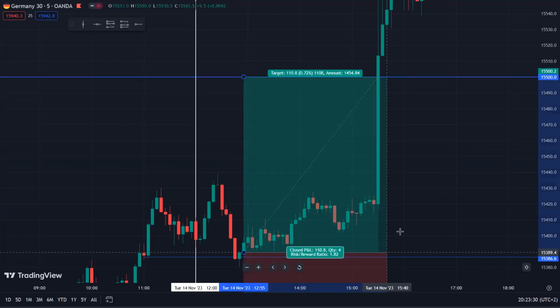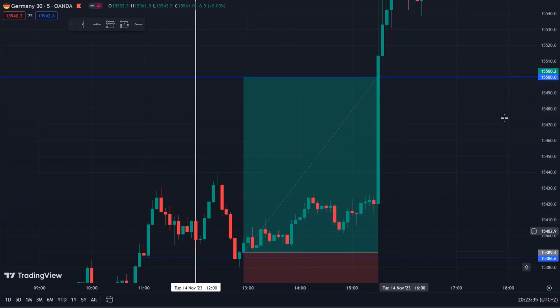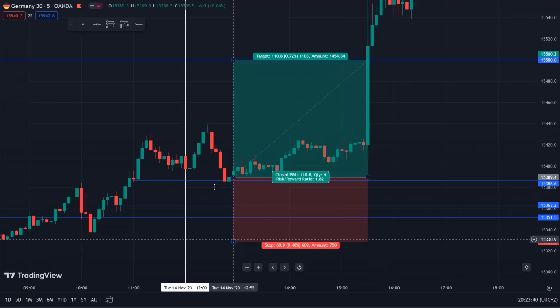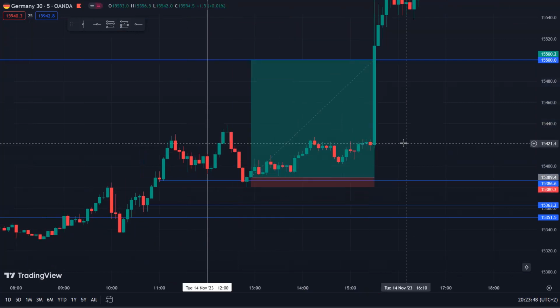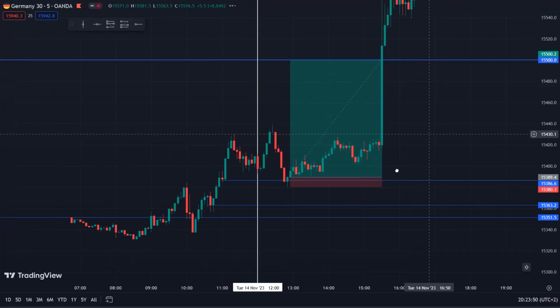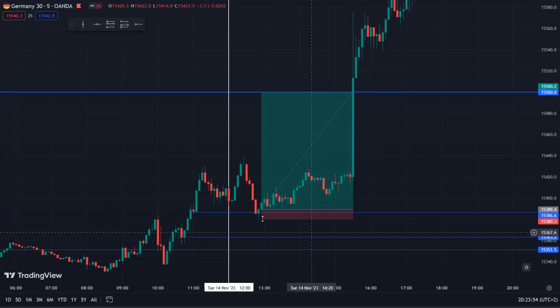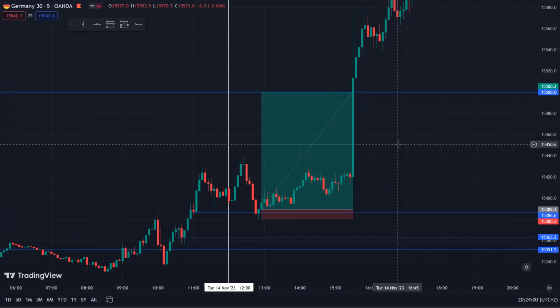That is our entry and our stop loss. There's our stop. There's our take profit. There's our stop loss. That's one of our first trades for the week.